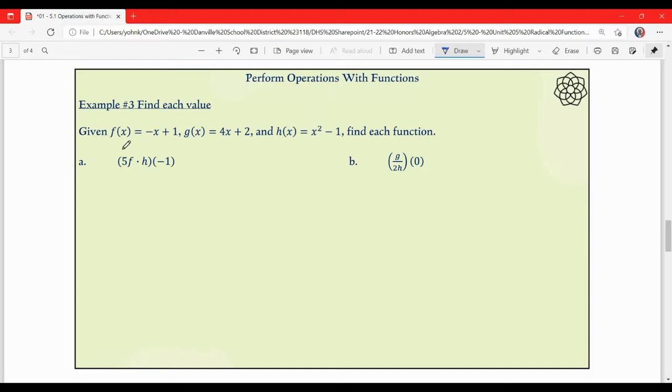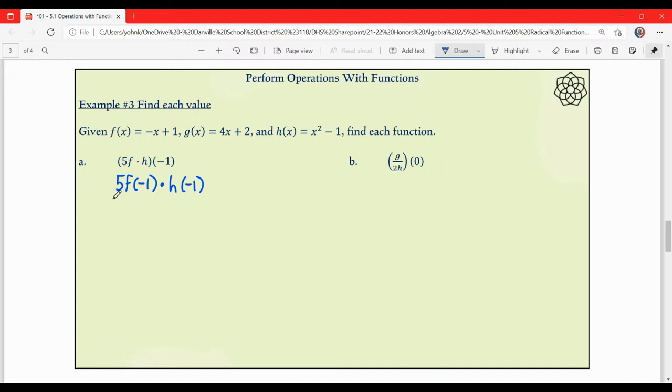I'm going to be looking for 5f times h of -1. So this really means 5f of -1 times h of -1. So you're going to share the -1. Now, 5 times f of -1 means plug -1 in for x, get an answer, and then multiply everything by 5.